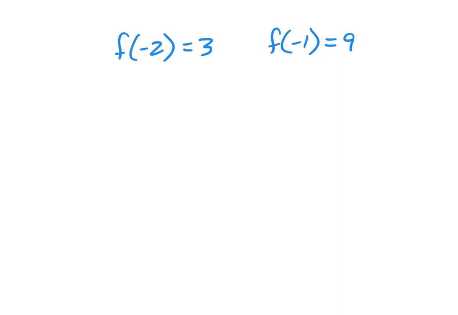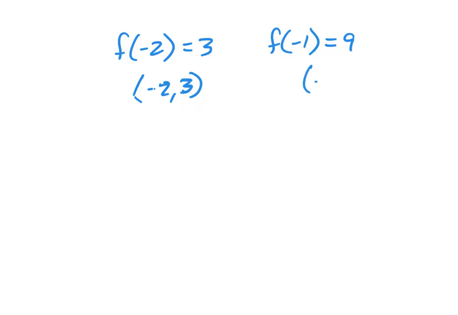It's given me some information in a little bit different format than what I'm typically used to. Yesterday, we did some problems like this where we said when we evaluate a function at negative 2, this would be the output, right? Input, output. And what we talked about was that the number we put in is considered our x value, the output is considered our y value. So this is really the same thing as giving me an ordered pair of negative 2, 3.